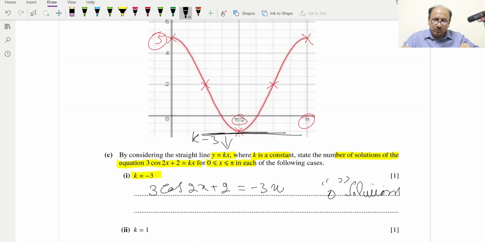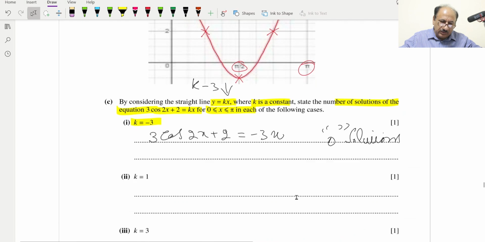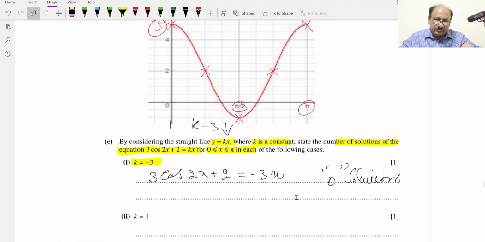Why will it have zero solutions? Because the line will not intersect this curve. The line will be lower than this green line which I'm drawing, so it will be lower than this, meaning no solution. For the second one, k is equal to 1.